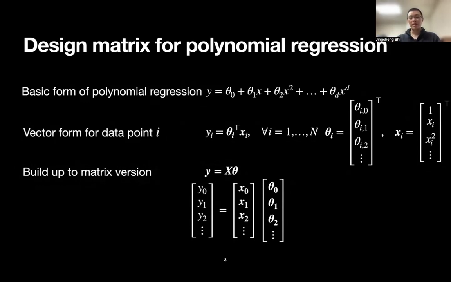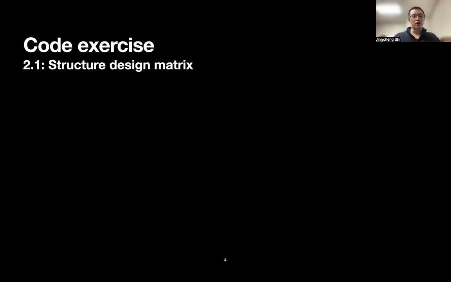The same goes for theta 0, theta 1, and theta 2: theta is also a vector, not a scalar value. This matrix of x values is the design matrix we want to build for polynomial regression, just like in linear regression. Here I will provide a simple code exercise to construct the design matrix by yourself.